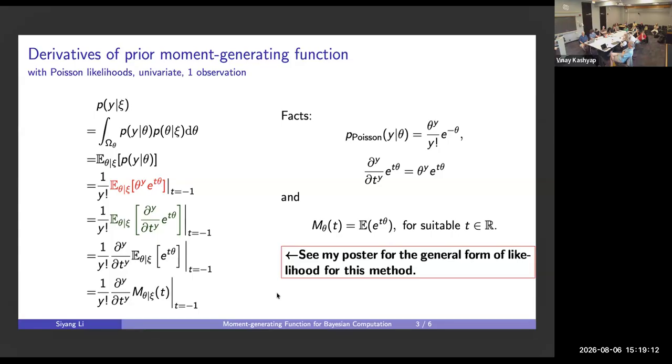Do astronomers know what the moment generating function is? Just briefly say what it is.